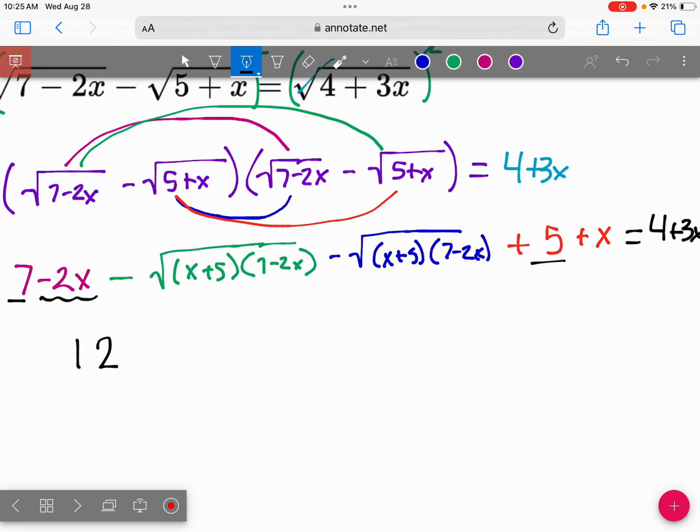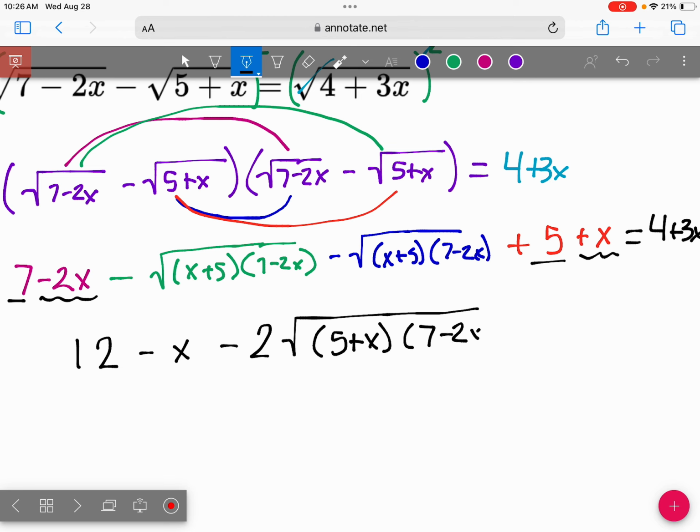I have minus 2x plus x, which gives me minus x. Then we have a green one and a blue one, but they're exactly the same, so I have 2 of the radical grossness. I'm going to switch my x and my 5 back so that they match the original equation: 5 plus x and 7 minus 2x. And this is all equal to 4 plus 3x.